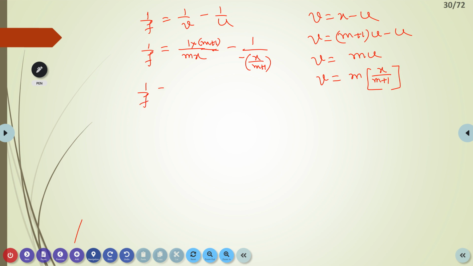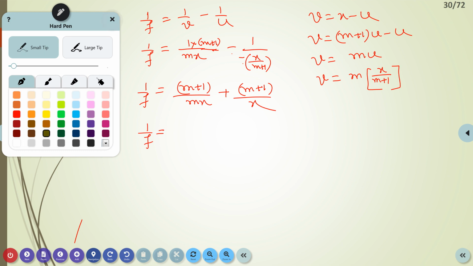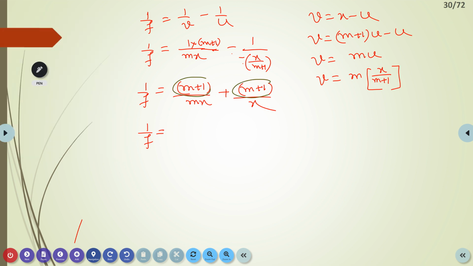Simplify. 1 divided by F equal to M plus 1 divided by Mx, plus this minus sign plus, it is M plus 1 divided by X. Somewhat confusion is there here in calculating V and U. 1 by F equal, M plus 1 is a common factor in both cases. M plus 1 into bracket 1 divided by Mx plus 1 divided by X. Again X is also a common factor here.